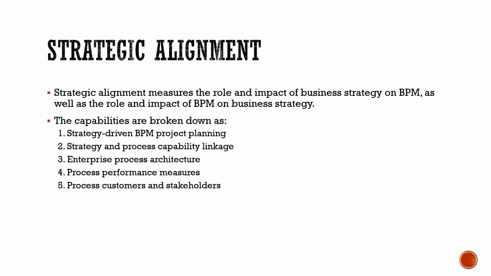The next capability area is the strategy and process capability linkage, which captures the bidirectional relation between strategy and business processes. This area involves the strategic implications that exist for our business processes, strategy to process, and vice versa.